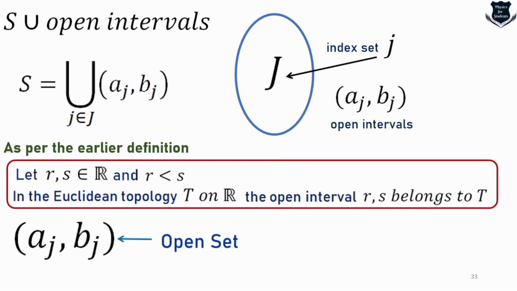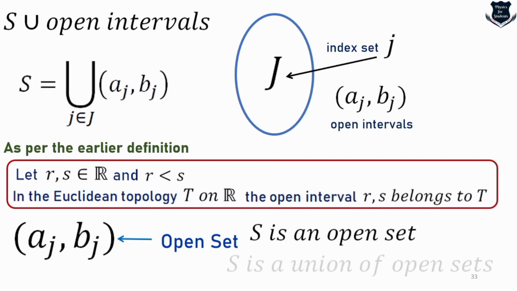So each open interval (a_j, b_j) is an open set. It is simple: S is a union of open sets. This is how we do it. We assume S to be a union of open sets, then we assign it to certain index set a_j and b_j, where capital J is considered as per the earlier definition. This one is an open set, so we prove that S is a union of open sets.